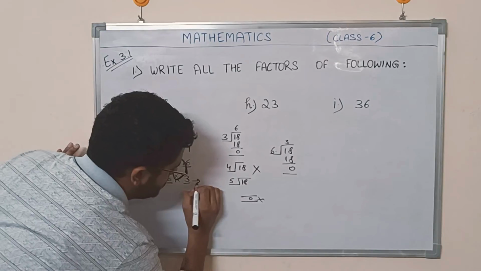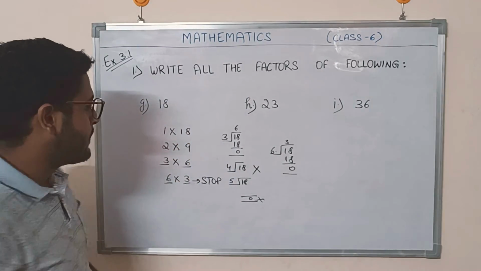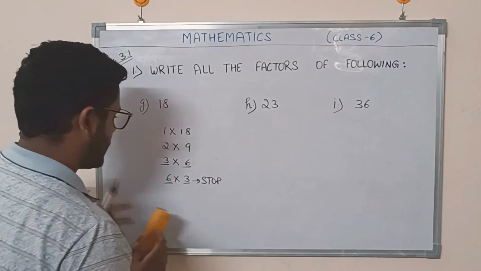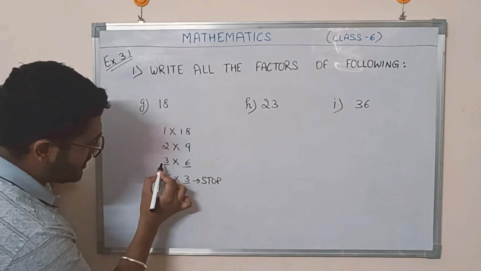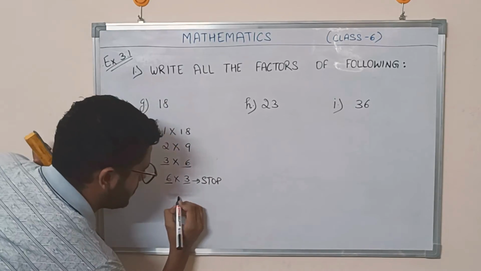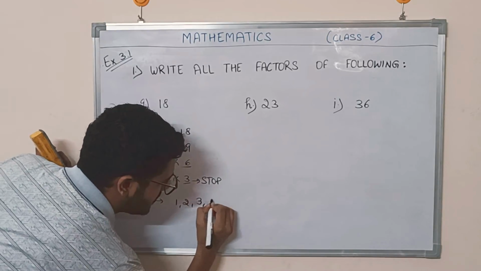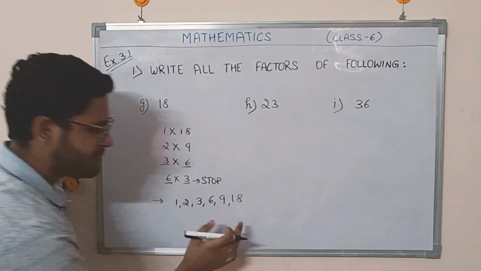We will stop. Right? Okay. So from here, what are the factors that we got? 1, 2, 3, 6, 9 and 18.